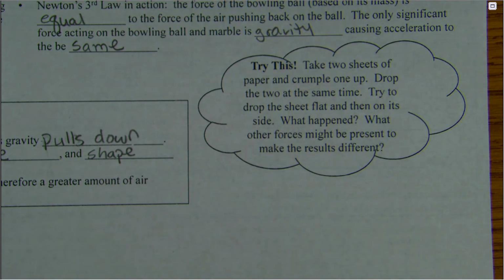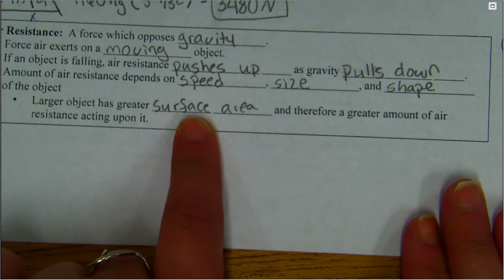Okay, so when you did that experiment, what happened? Which one hit the ground first? The crumpled up piece of paper or the paper that was flat? Now think about this. Why did that happen? Which one of those had a larger surface area?